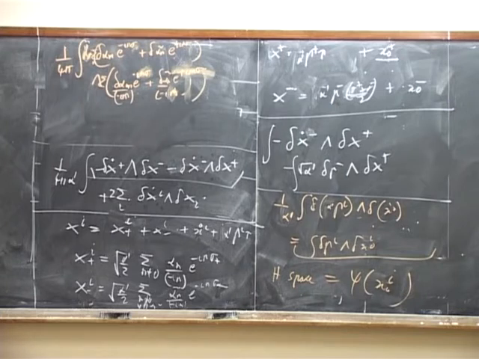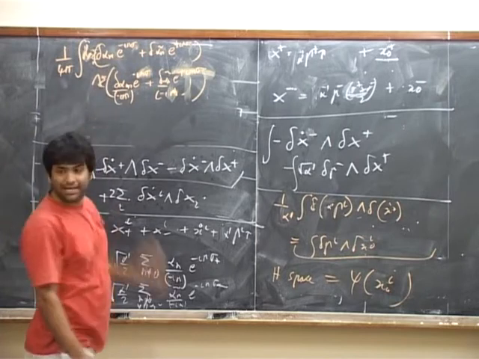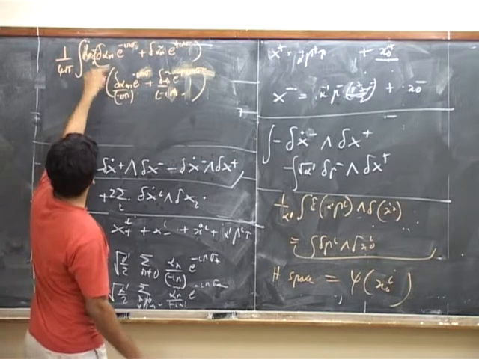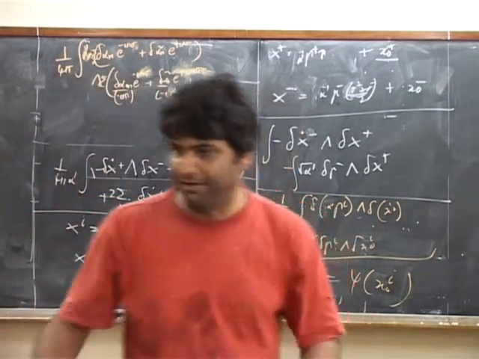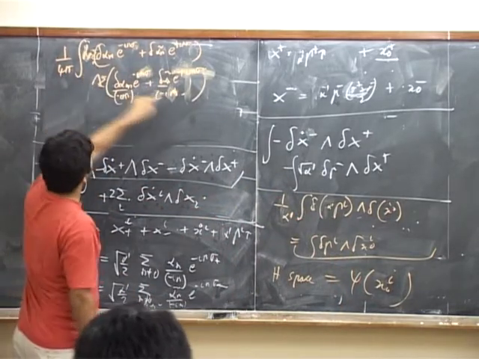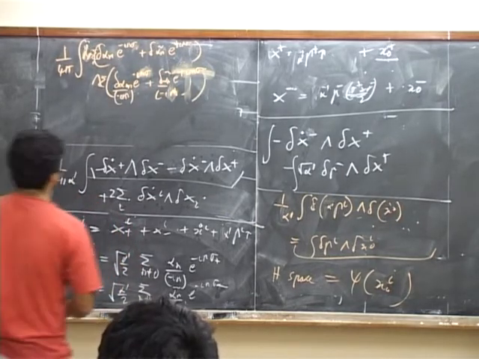But because of the integral, we get a click only when the Fourier modes add up to 0. So there are two kinds of terms. There are the terms in which you have alpha with alpha, or alpha tilde with alpha tilde, or the terms in which you have alpha with alpha tilde and alpha tilde with alpha. Now the first thing to notice is that the terms between alpha and alpha tilde add up to 0.